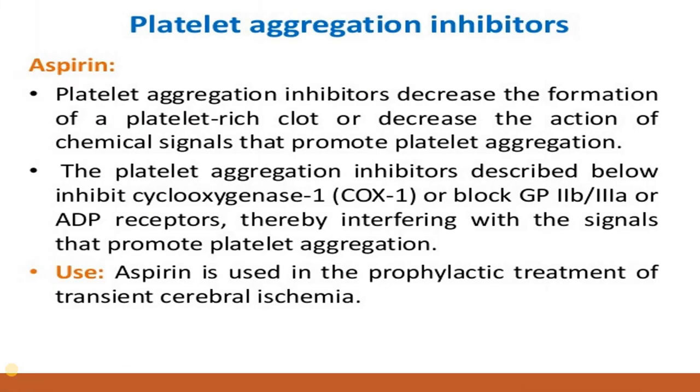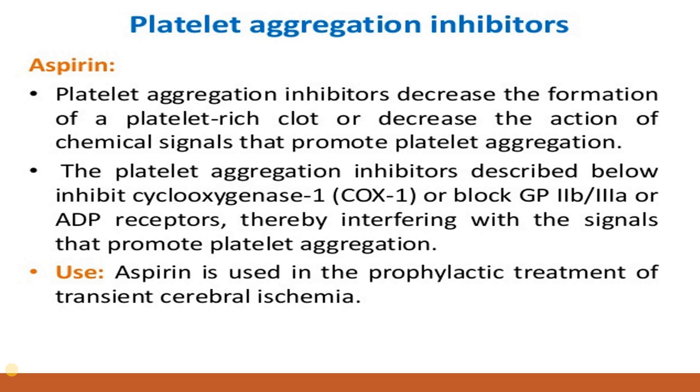The platelet aggregation inhibitors, first aspirin. Platelet aggregation inhibitors directly decrease the formation of platelet clots or decrease the action of chemical signals that promote platelet aggregation. The platelet aggregation inhibitors described below inhibit ADP receptors. They interfere with the signal that promotes platelet aggregation.